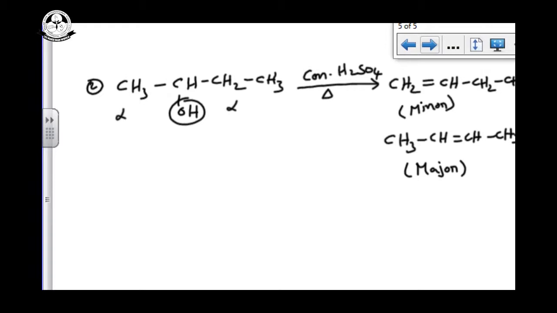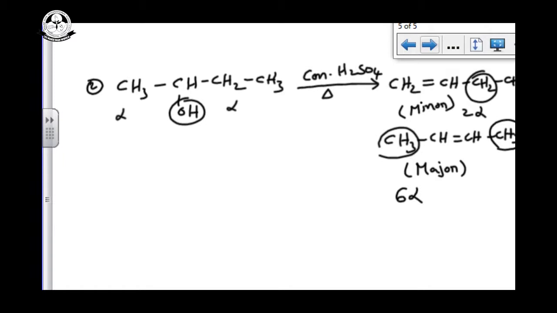Because we already know the reaction intermediate is a carbocation, so the more stable carbocation gives the more stable product. To decide which is major, see the number of alpha hydrogens. Here the number of alpha hydrogens is 6, and here there are only 2 alpha hydrogens. More alpha hydrogens, more stable.